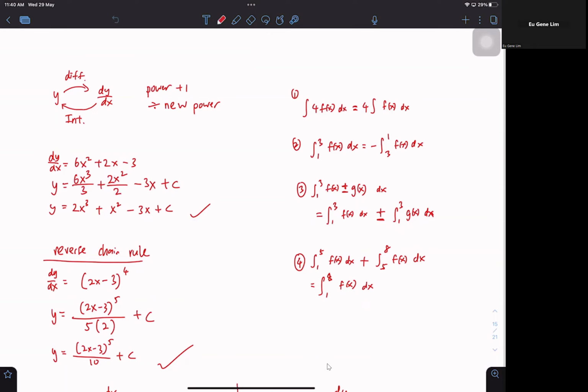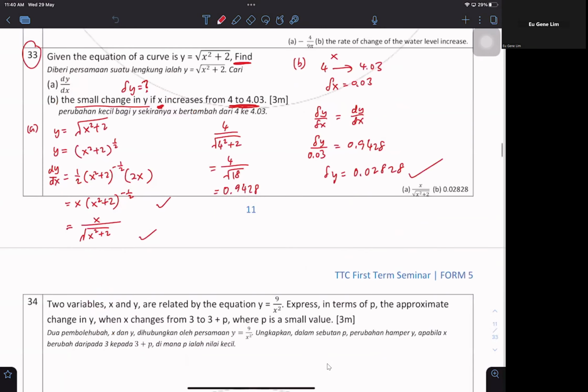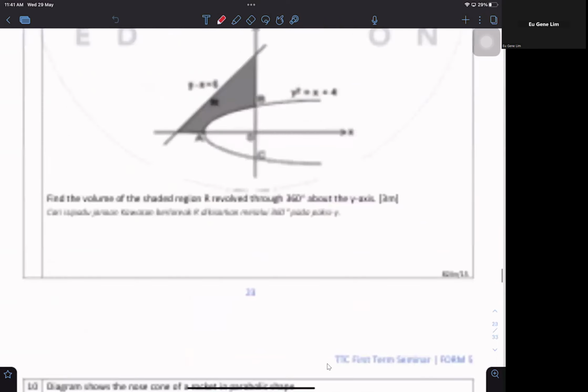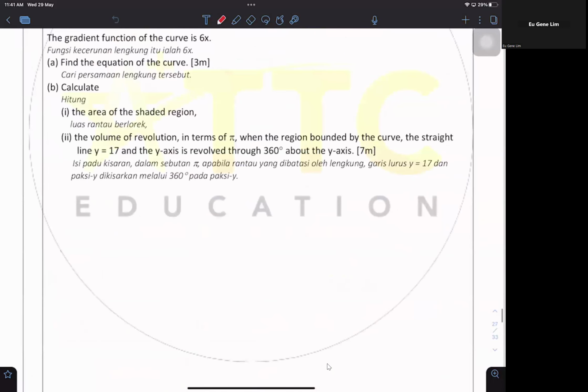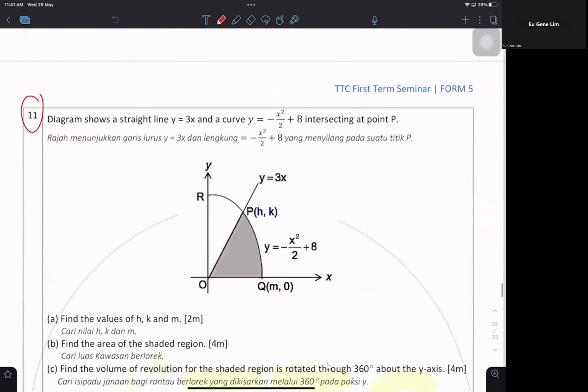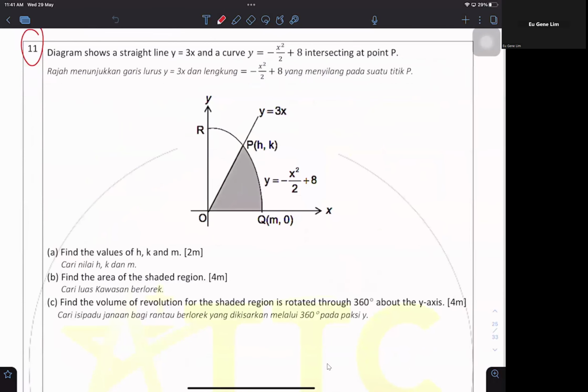Okay, enough already. You know how to integrate. So now we go and do the area and volume question. Now you go straight to page number... wait, just now I remembered I chose the question already. Here, this one, I find this very good.